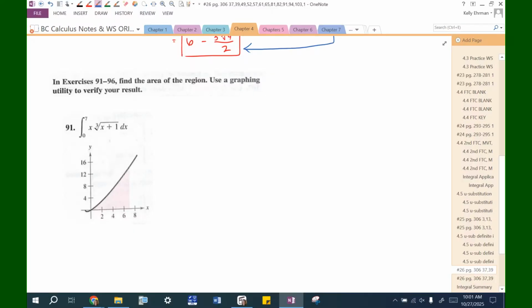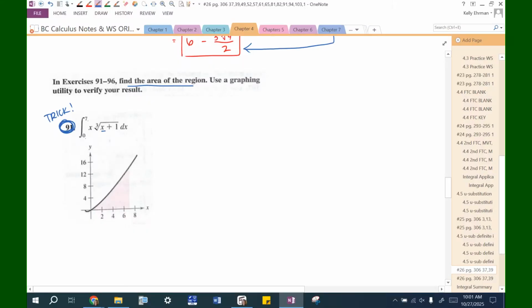Okay, next question. Find the area of the region. Use a graphing utility to verify your result. Again, I'm not going to actually verify in Desmos, but it's good practice if you want to do that. And this graph is going from 0 to 7. Okay, now this one actually is tricky. We have a trick that we need to employ here. U sub is not going to work, right?